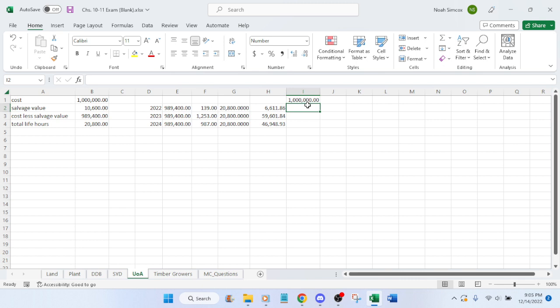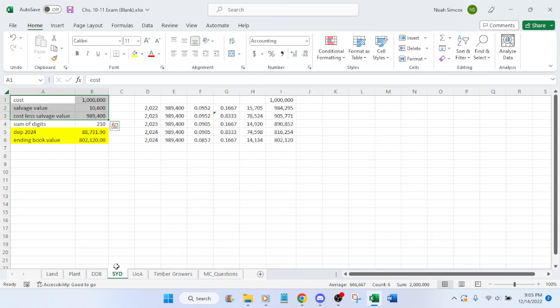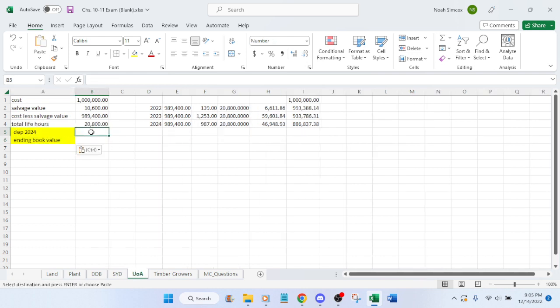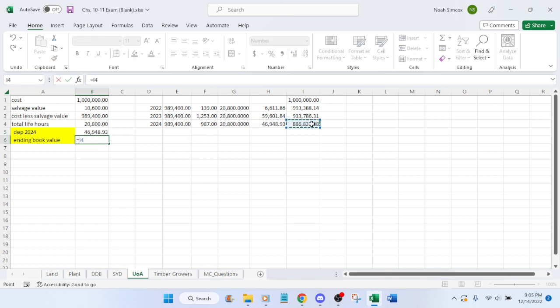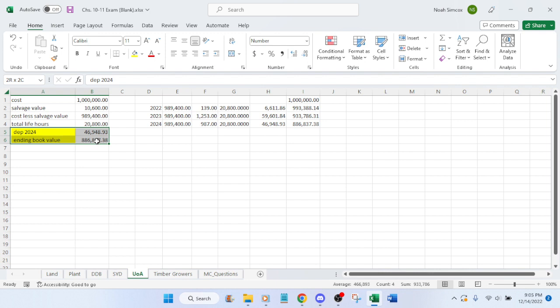Now, this equals this minus this. Now we can copy and paste this. Equals this, and then this equals this, so it's pretty easy. Okay.